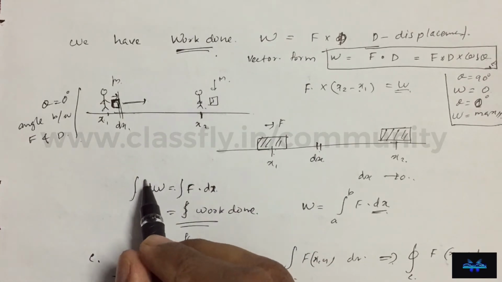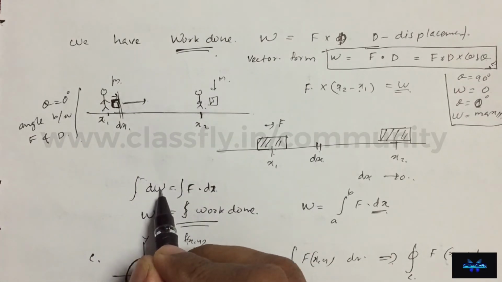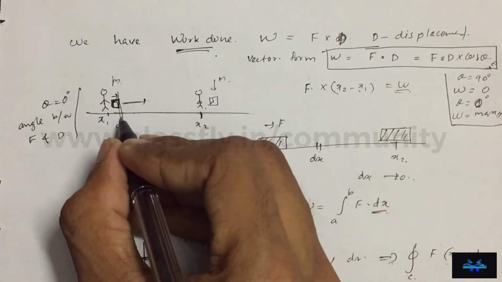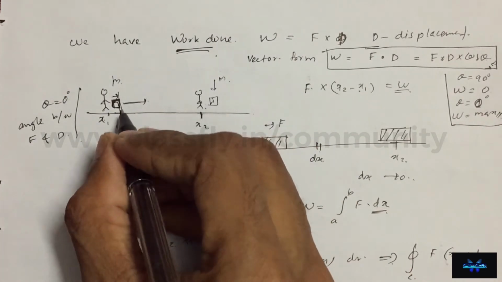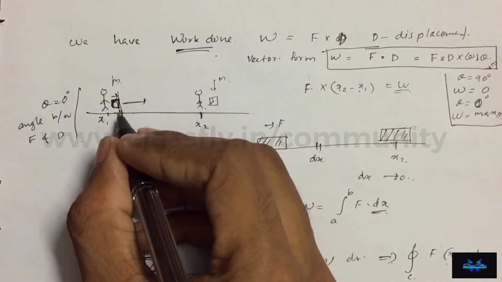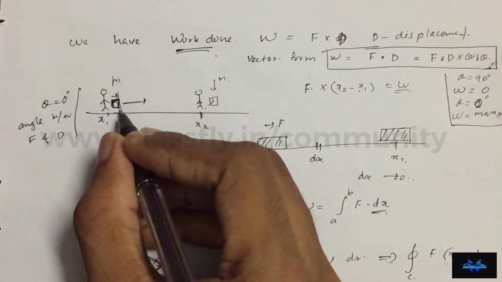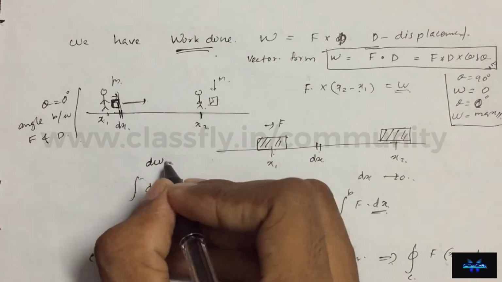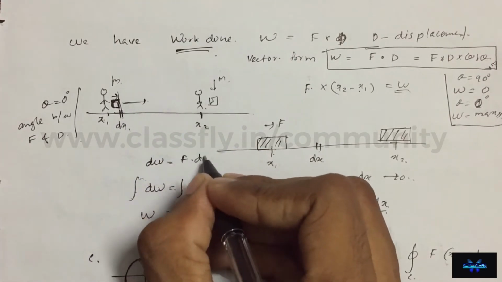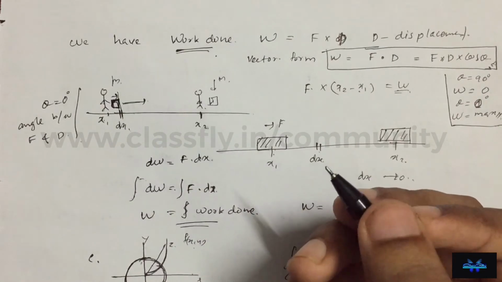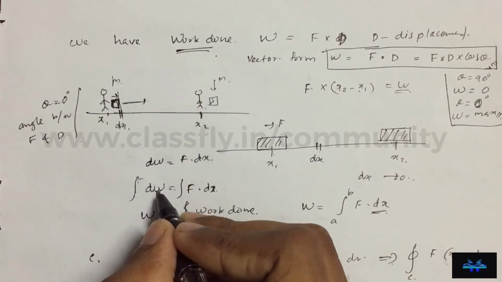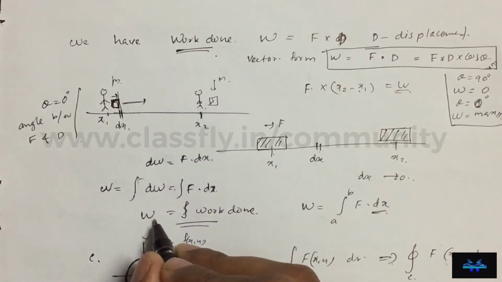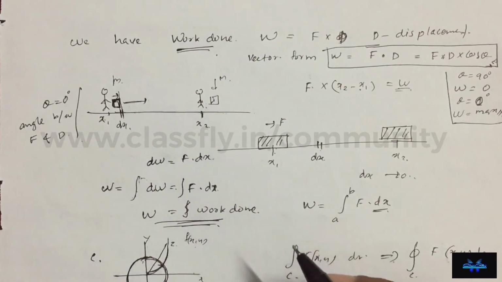Then integral dw: let's assume a small distance dx. So if I push this one and it moves a dx distance, then the work done dw is F into dx, right? Then integral dw, which gives work done, is equal to integral F dx. So we got the work done.